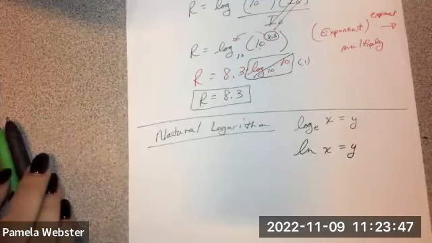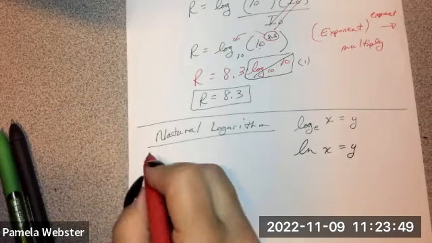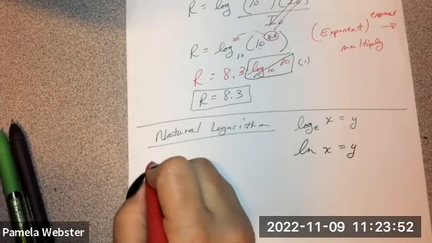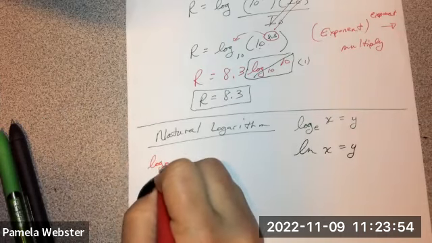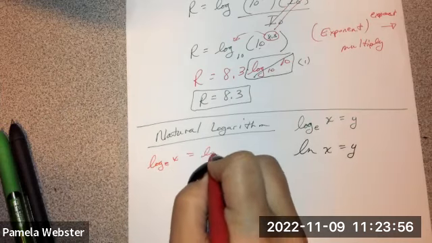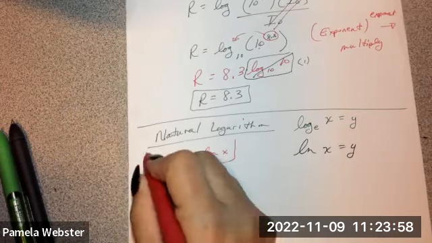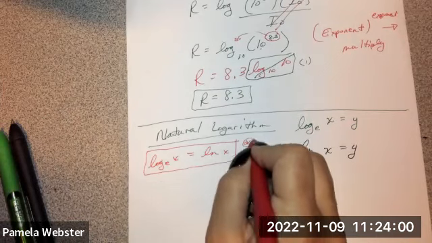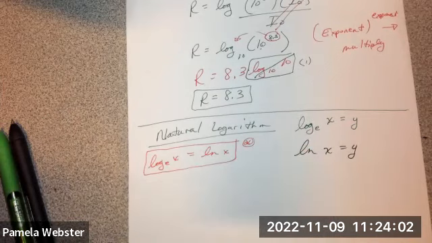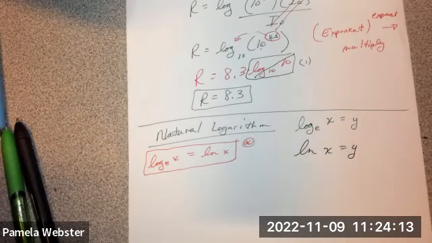Okay, so just as a definition, so to speak, you want to say the natural logarithm log base e of x is equal to the ln of x. Those are equivalent. Okay, so what you're going to see is they start using ln of x a lot, and your calculator has a button that's specific for ln of x, and that ln stands for, like it was a French thing, logarithm naturel or something like that.